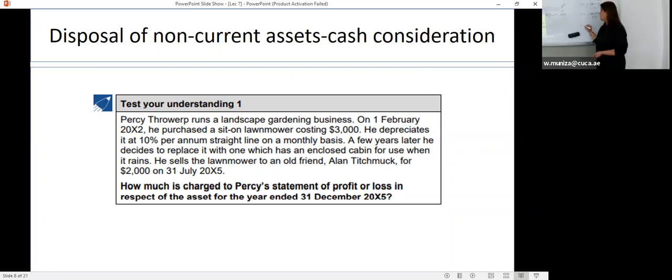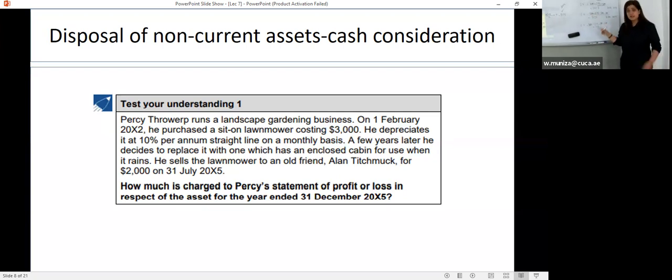Now, carrying value at 31st December 2005. Cost minus accumulated depreciation 275 minus 300, minus for this year up till 31st July. How much has it been? We calculated 175 for 7 months only. In 2005, the asset has been used for 7 months only.